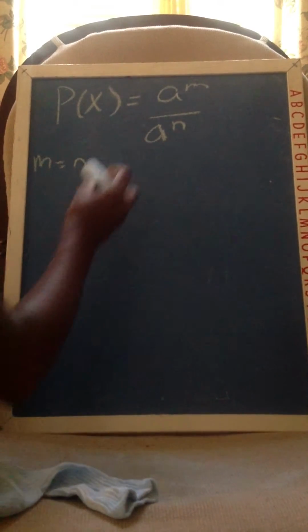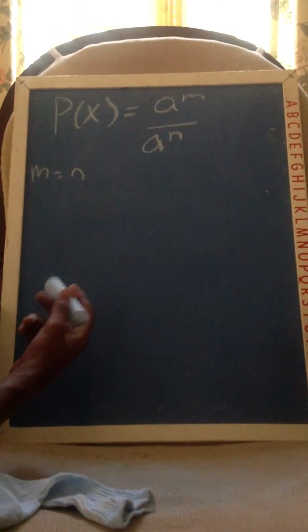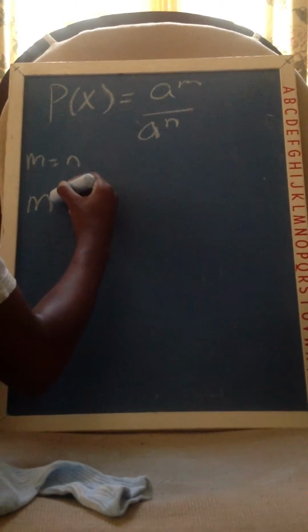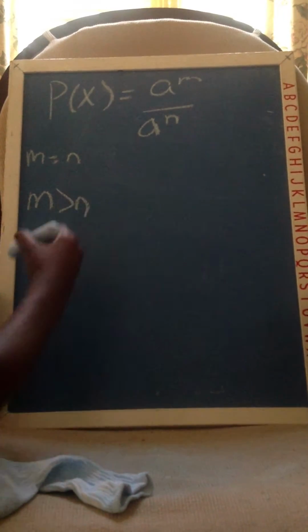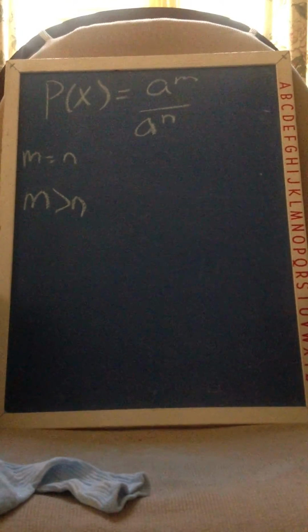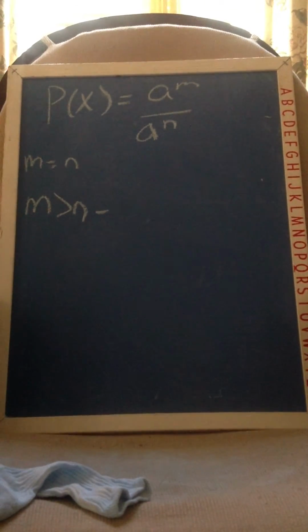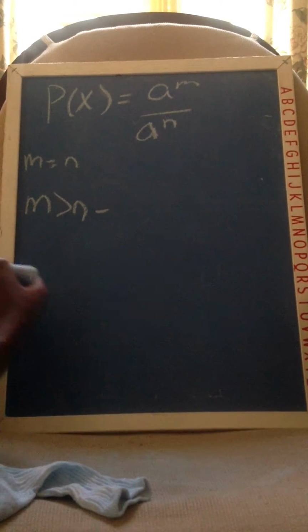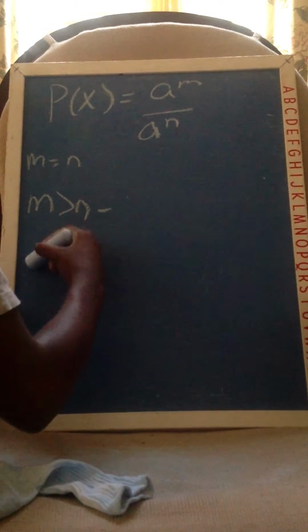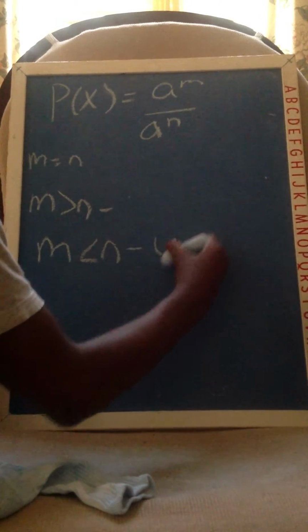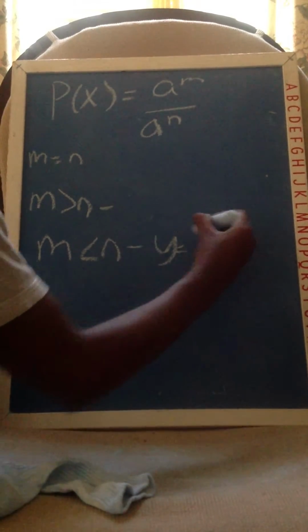this is when the horizontal asymptote equals the ratio of the coefficients in the numerator and denominator. When m is greater than n, there will be no horizontal asymptote. When m is less than n, y is equal to 0.